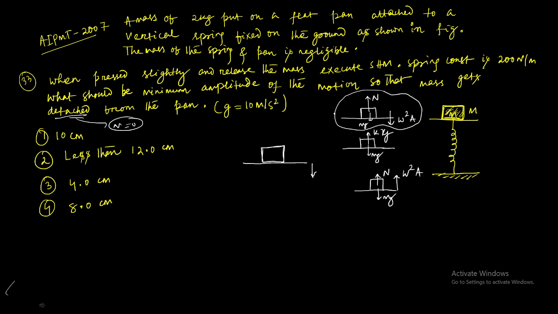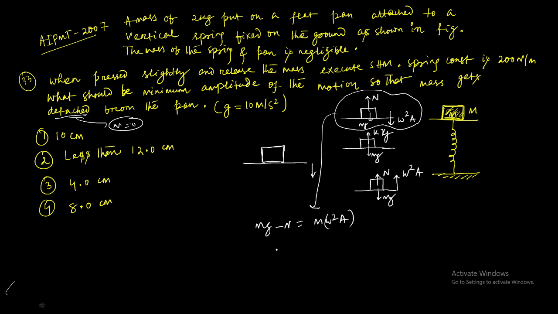So let's write down the equation of motion at this point. It's moving downward, so mg minus normal equal to m omega square into A.